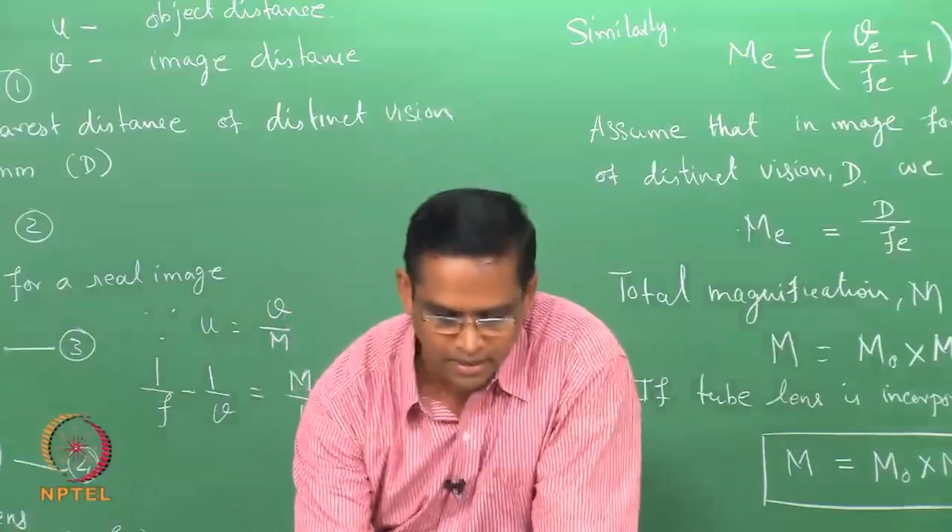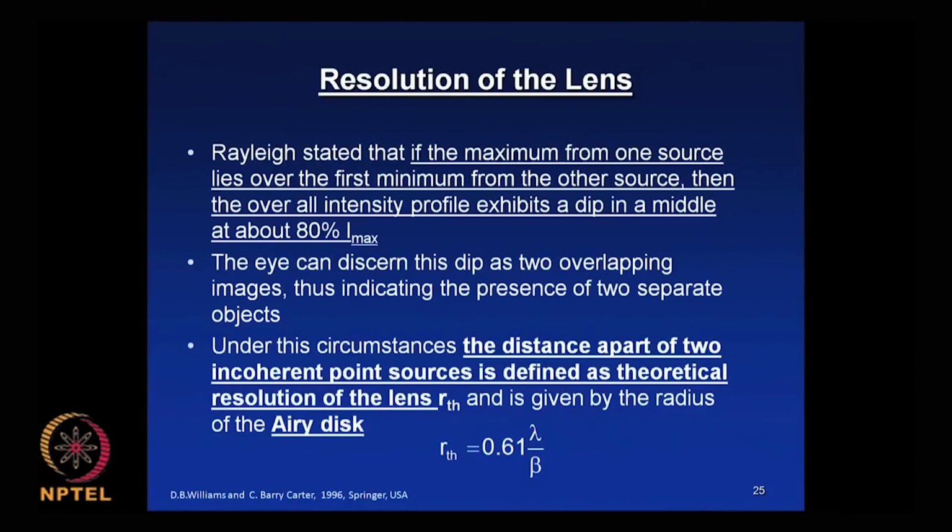So, Rayleigh stated that if the maximum from one source lies over the first minimum from the other source, then the overall intensity profile exhibits a dip in the middle at about 80% of I max. This is what I just showed you. The eye can discern this dip as two overlapping images, thus indicating the presence of two separate objects.